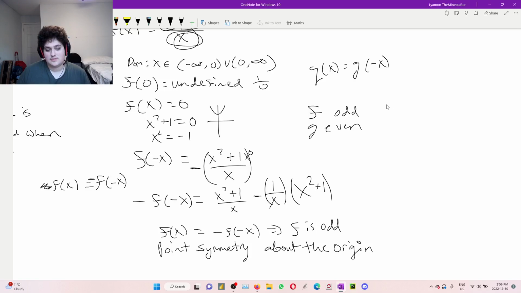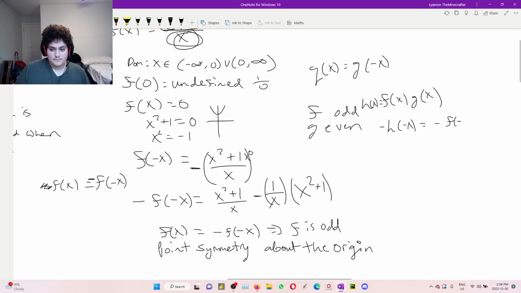And then if you have f times g, let's say this is some function h. Negative h of negative x is equal to negative f of negative x g of negative x.